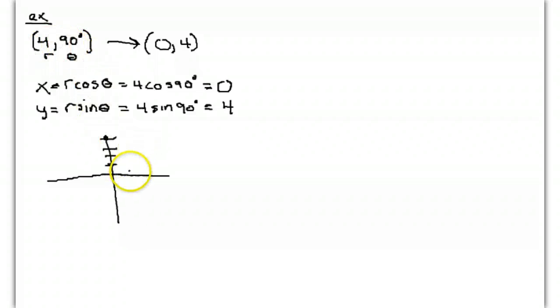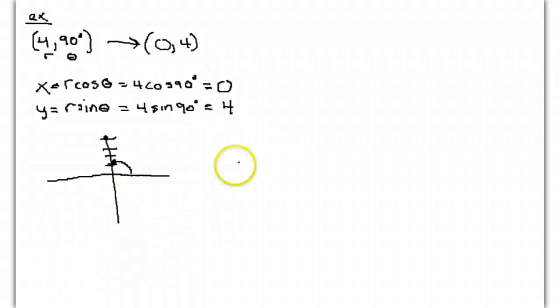So 90 degrees is from here all the way to the other line, right? And if you go a radius of 4, it's going to be right at that point. Y'all see that? So if a radius is 4 and it goes 90 degrees, it goes from this line all the way to that line, and then it's got a length of 4. So it's up 4 points. And it's the same thing as saying 0 comma 4, which gives you straight at the same point.